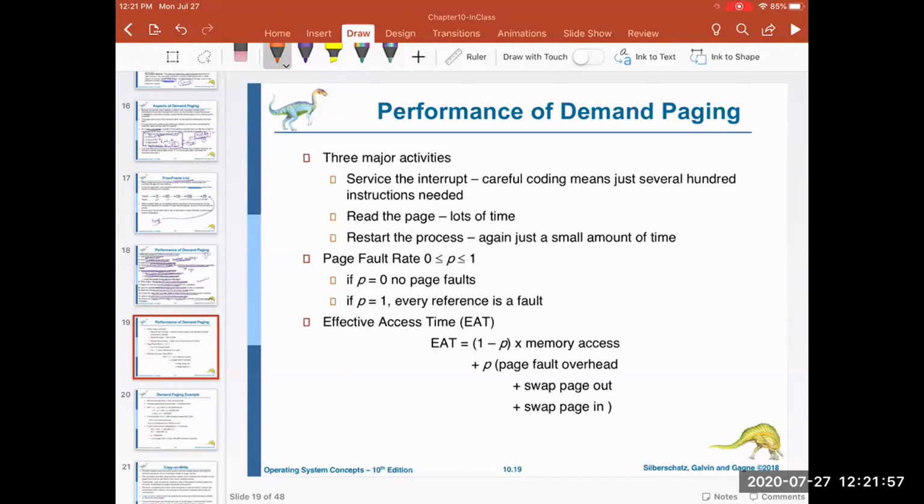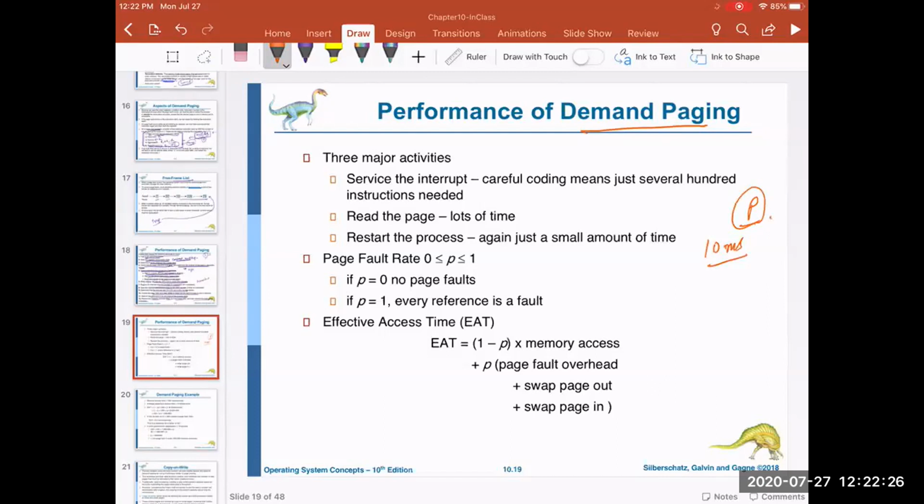Now the performance of demand paging. Let us suppose all of the frames are already inside the main memory, and there is some memory access time of 10 milliseconds. What we would have done is just read directly from the main memory, and there is no latency in that case.